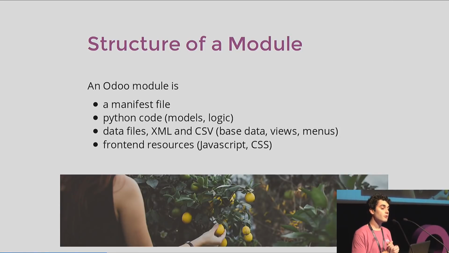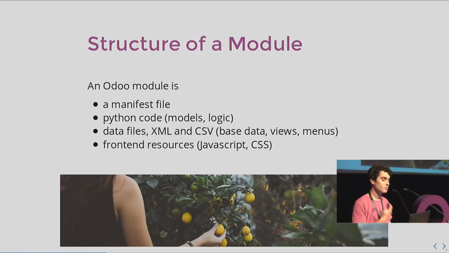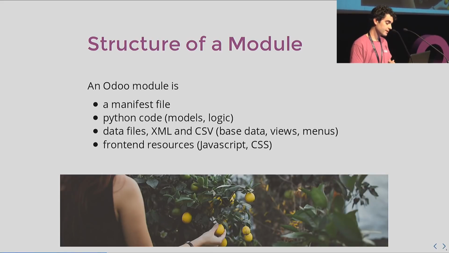An Odoo module is composed of a manifest file. This is where we will give all the description of the module. I will show you just after that. We have the Python code that contains all the models and the logic. We have some data files.